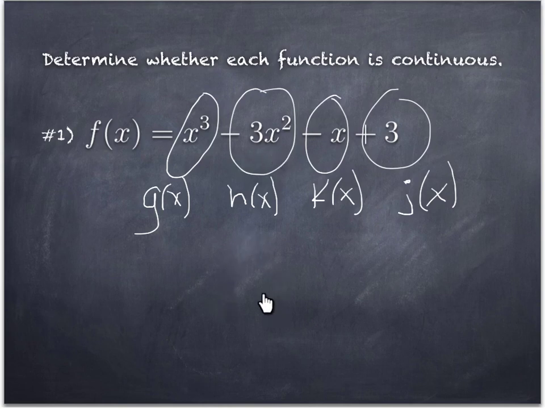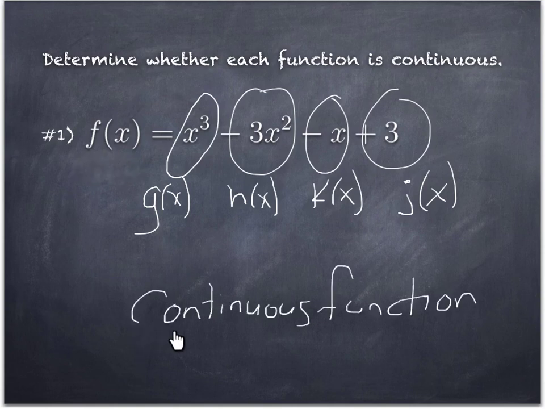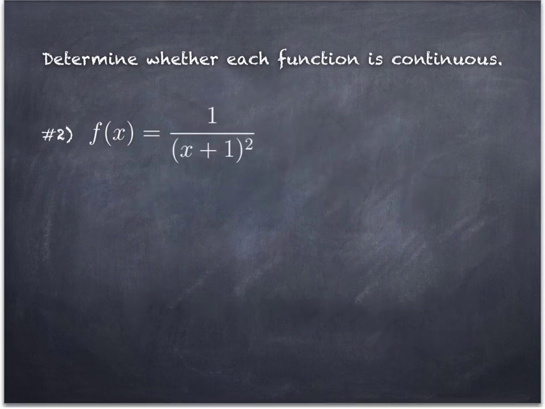Yes, that's a parabola that opens down. Minus x, that is a line which is continuous, and plus 3 is a constant function. It's a horizontal line. Since each of those individually are continuous, then that makes this combining of those functions, giving us f of x, continuous. So we can simply say this is a continuous function, this referring to f of x.